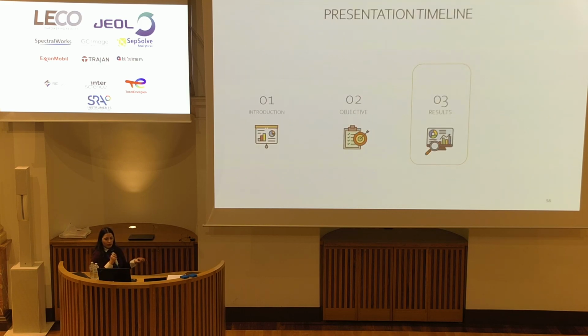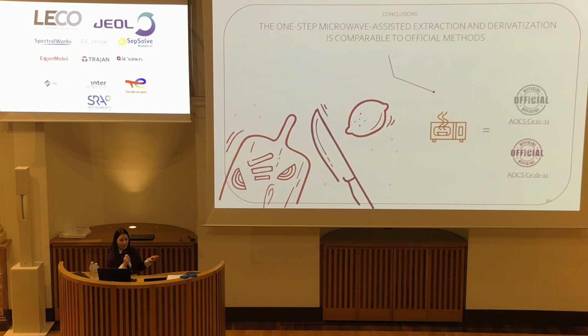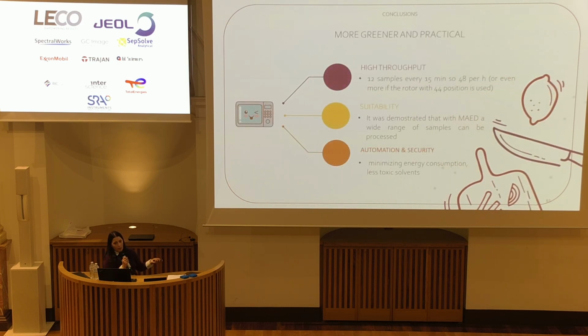So to arrive at the conclusion, we can say that one-step microwave-assisted extraction and derivatization is comparable to official methods, but it's also more green and practical. Why? Because we have a high throughput with microwave, because we can process 12 samples each 15 minutes, so 48 per hour, or even more if we use different rotors.